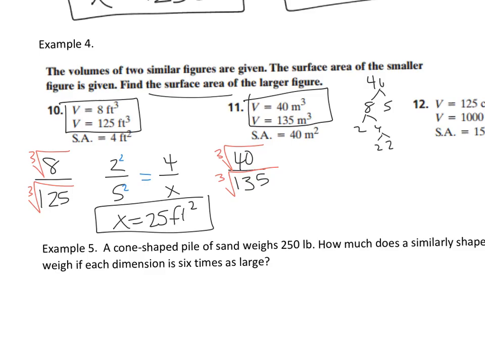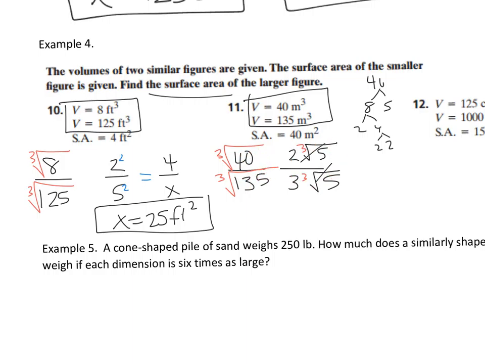Cube root of 40 is going to be a 2 on the outside, cube root 5, over, and then 135 is going to be 3 cube root 5, so it's 2/3. So I guess this is an example of reducing, because I should have reduced this part first, but I could do it without it.